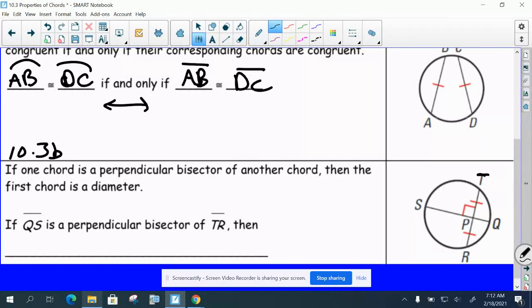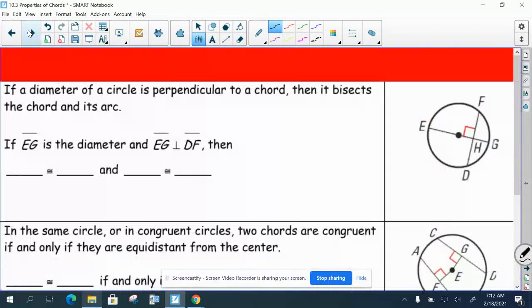There's a way to prove that, which you'll do in the Edulastic. So if QS is a perpendicular bisector of TR, then QS is a diameter, which means that the center is somewhere along diameter QS.